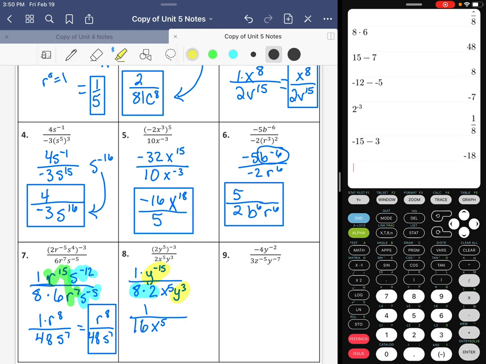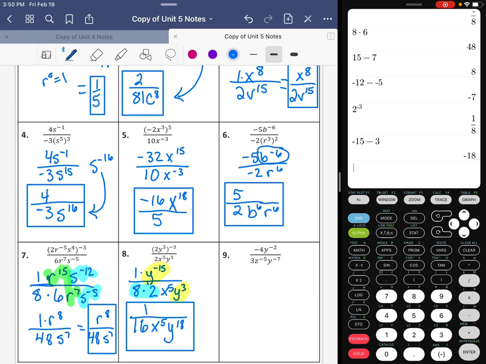So that's negative 18. Well, if it's y to the negative 18, that means I need to have y to the 18th in the denominator. So the only thing that got to stay in the numerator was the 1. It's crazy how that works out sometimes. Because if you look, these are all very similar numbers, but nothing canceled out.